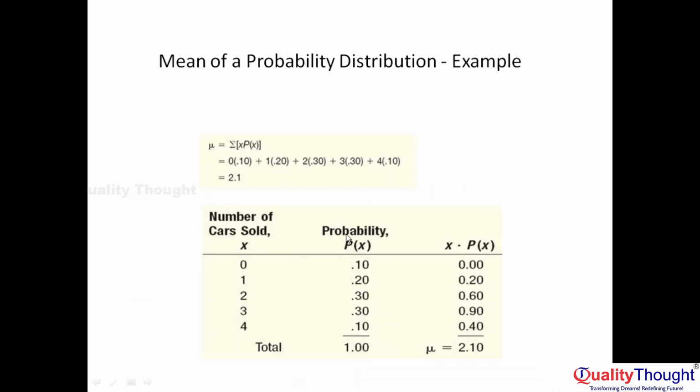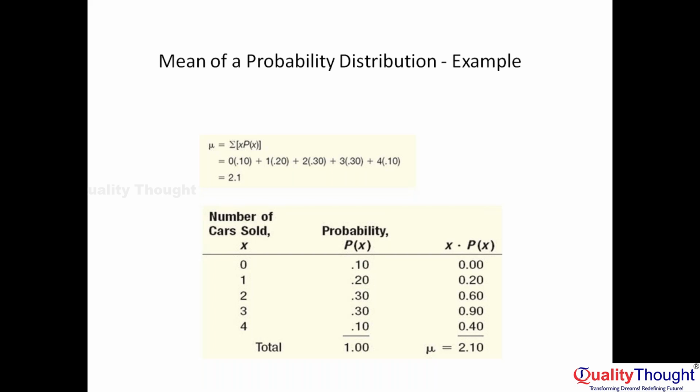So here we have the mean of the probability distribution, which is 2.1. Why am I revealing this answer? Without the actual mean value, you can't go further to identify the variance. So the mean value is 0 into 0.1, 1 into 0.2, and so on, with respect to the x values.